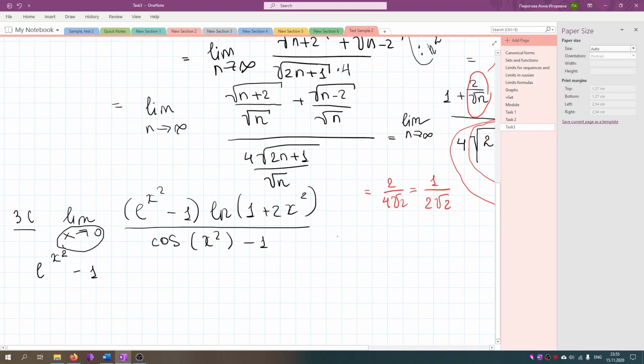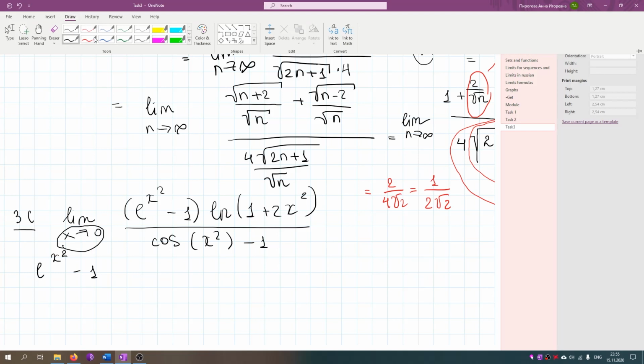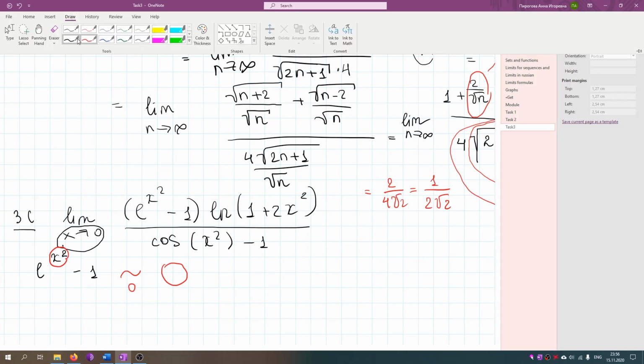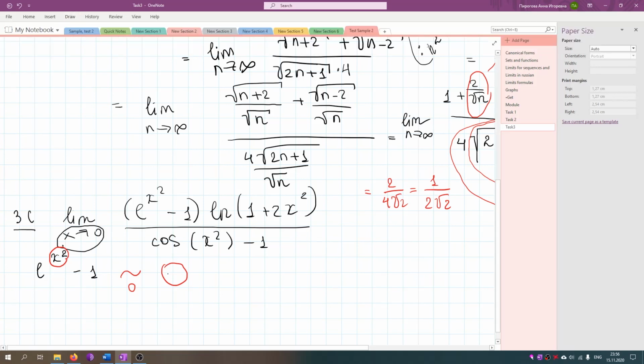As we can see here, our argument is not x but x squared. So this argument we will use for the equivalent function. So it is equivalent at 0 to x squared.